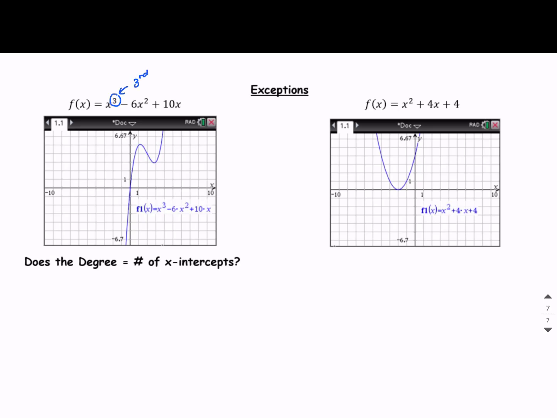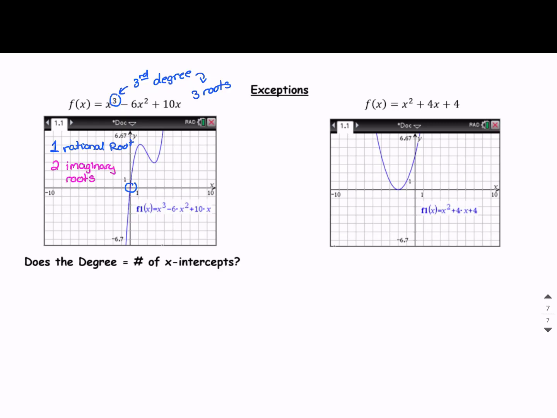Which means we should have 3 roots or 3 zeros, but it only crosses the x-axis once. That's because we have 1 rational root, or real. We know it's real because it crosses the x-axis, which is real numbers. I happen to know it's rational because it's crossing at x equals 0. I also know I have 2 imaginary roots.